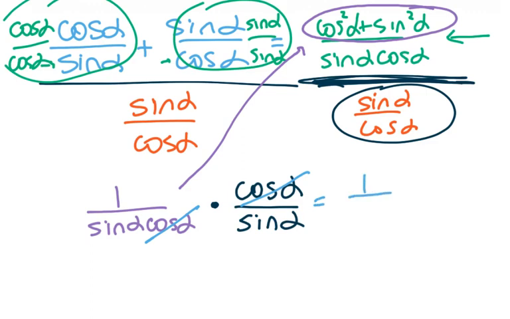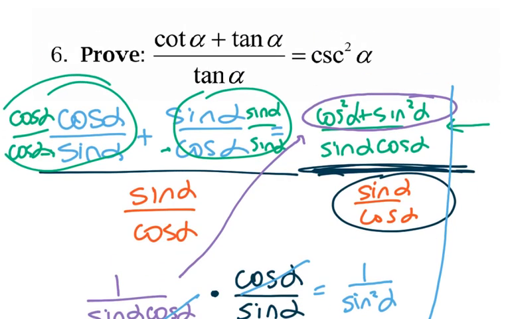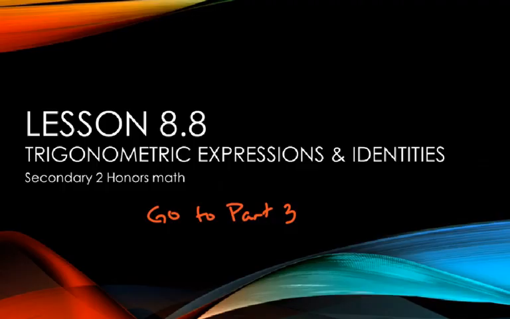So what I have left is 1 over sine squared alpha, and 1 over sine is cosecant, so this is cosecant squared alpha, and I have just proven what I set out to prove. Okay, you're now going to go to part 3 of the lesson.